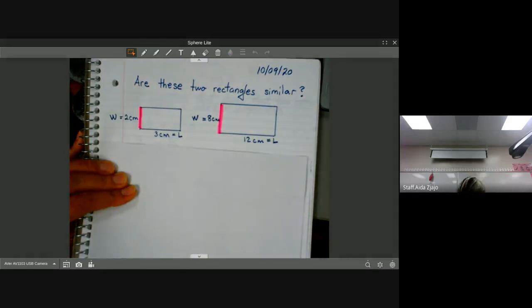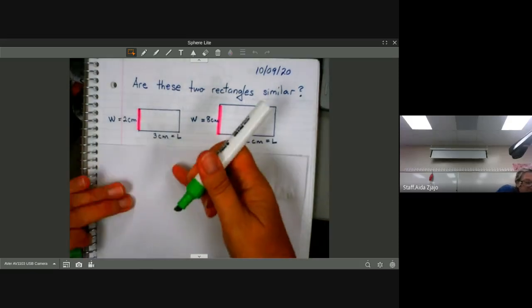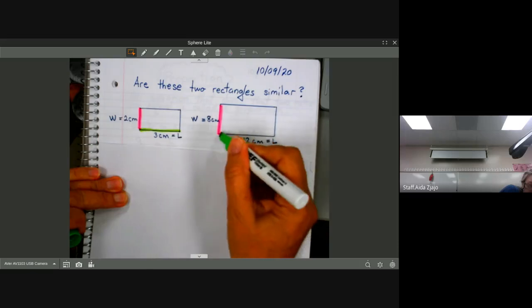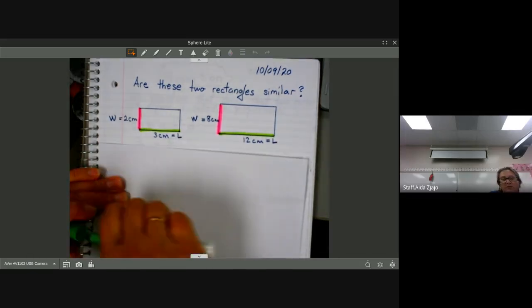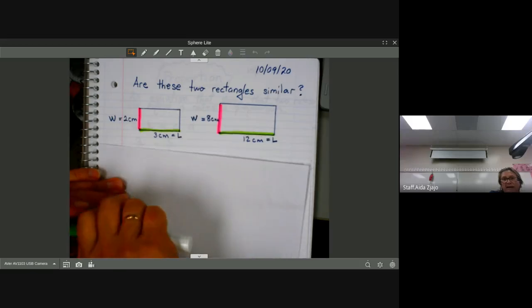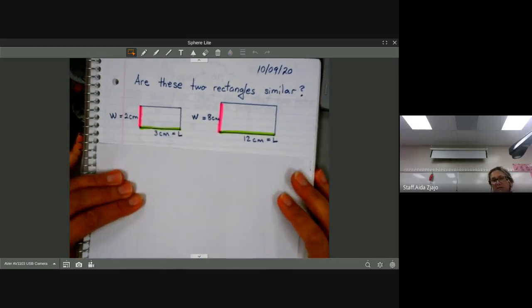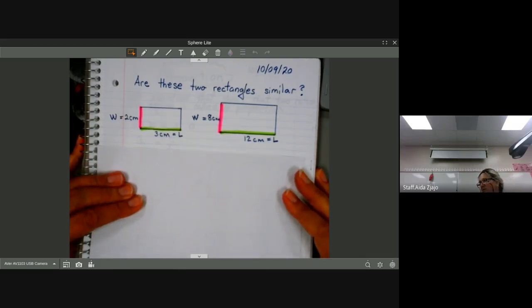Also, you can get from 3 to 12. And I think some of you already know whether these two rectangles are proportional. So if you look and we want to write it down, I'm going to give you some time to draw it. Please let me know when you're done.